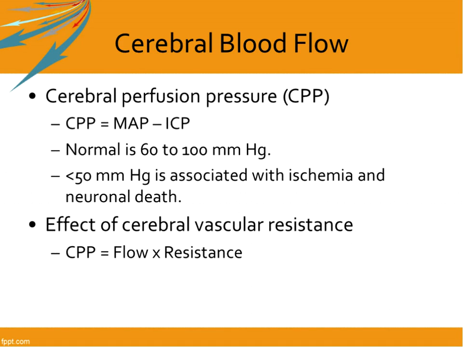Normally, our autoregulation maintains an adequate cerebral blood flow, and so then we have adequate perfusion, okay? So we can go back all the way to shock and think about MAP, and so we can see that maintaining MAP is crucial whenever we want to talk about managing cerebral blood flow, okay? We want to pay attention to it when we see we have an increased intracranial pressure. MAP is also something that we need to be watching for.